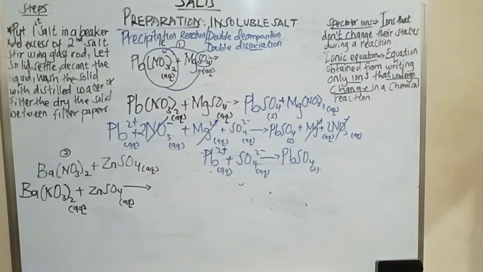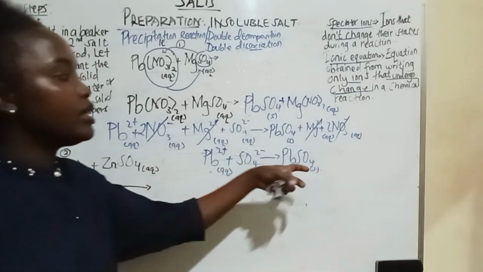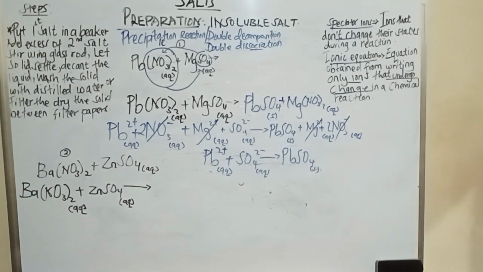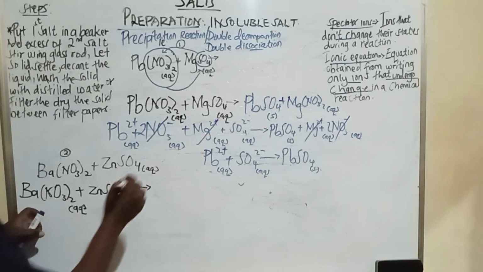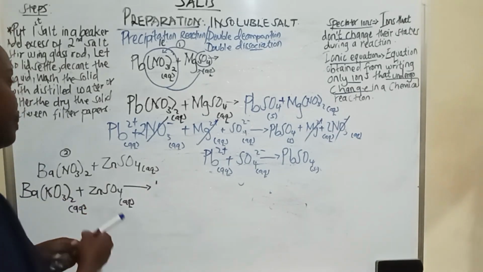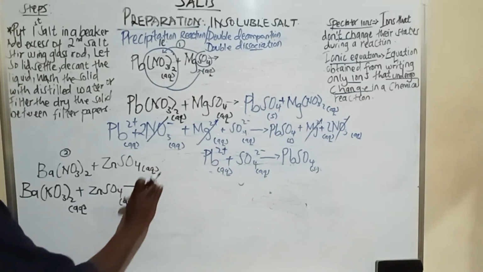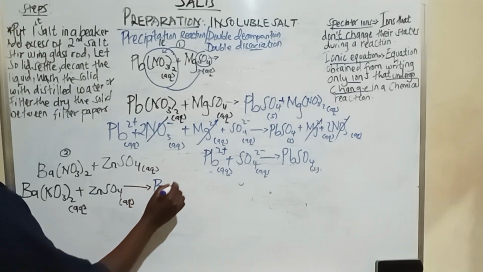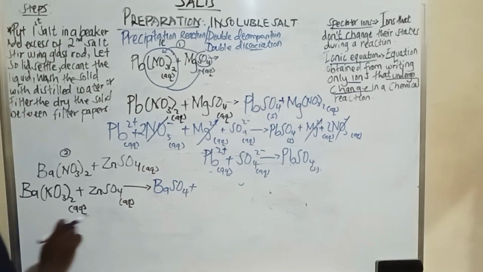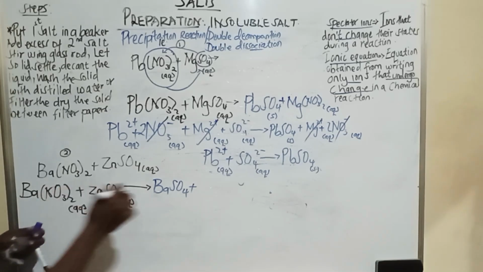So we are going to form our insoluble salt, which is barium sulfate, because we said all sulfate salts are soluble except barium sulfate, lead 2 sulfate, and also calcium sulfate. So we are going to write barium sulfate here. So the product that you're going to get is barium sulfate, plus zinc nitrate.